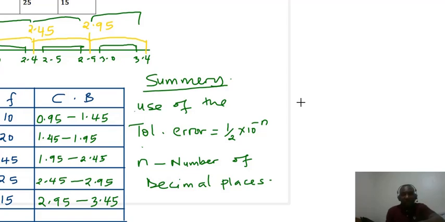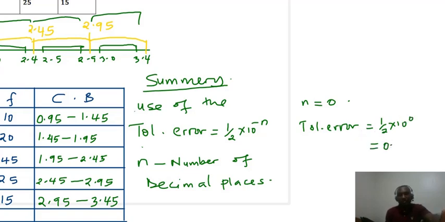So for n equal to 0, that means the tolerance error here is going to be a half times 10 power 0, which is equal to 0.5 when we simplify here.